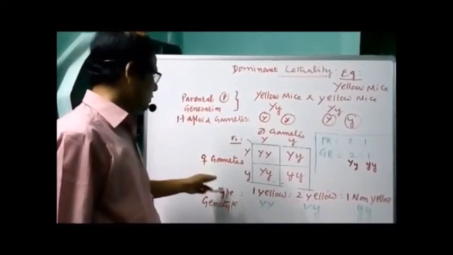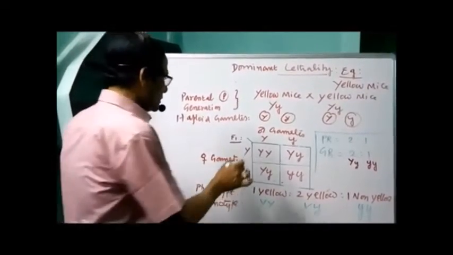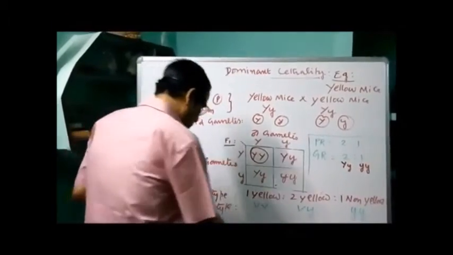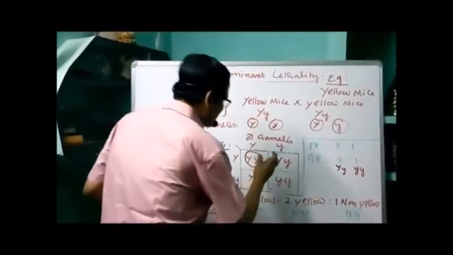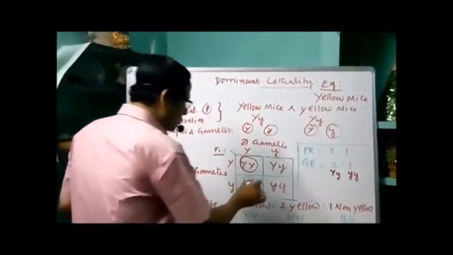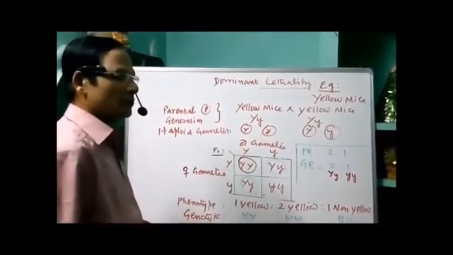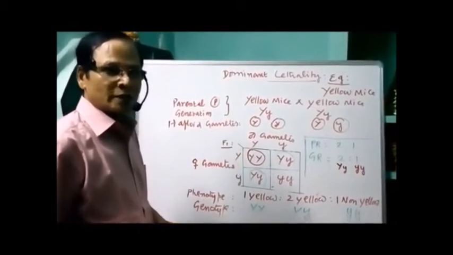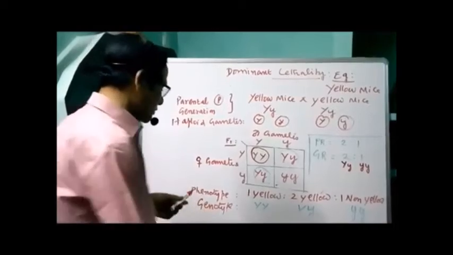Now, in this case, we are getting one homozygous YY, two heterozygous Yy, and one homozygous non-yellow yy. Here, the dominant gene in homozygous condition causes the death of the individual.